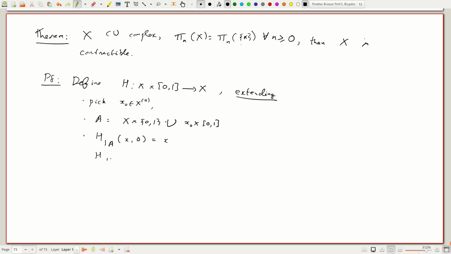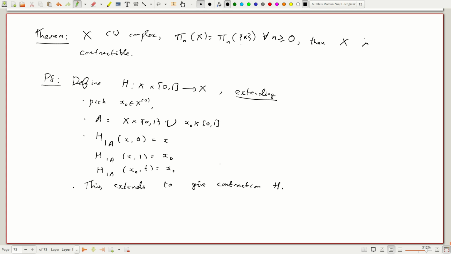H restricted to A of (x, 1) is going to be the point x0, and H restricted to A at the point x0 and any t is going to be x0. So this defines all the cases, and they are consistent, and they are closed sets. So by the gluing lemma, we have these things, and by the previous theorem this extends to give a contraction H.